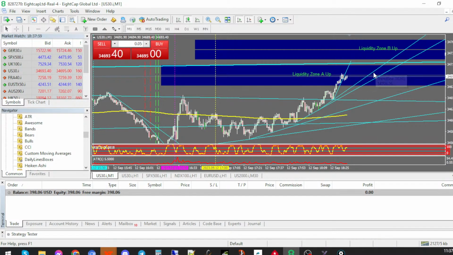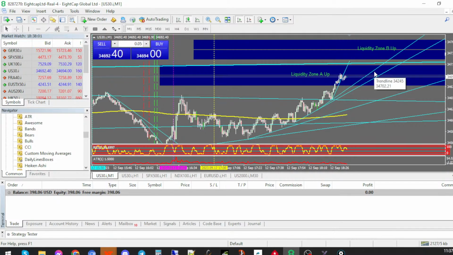This one actually looks like the break I need to be looking for. I'm looking for the early break. This is going to be the second break that I'm looking for if price does not get to zone B.